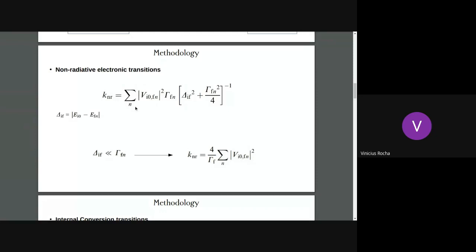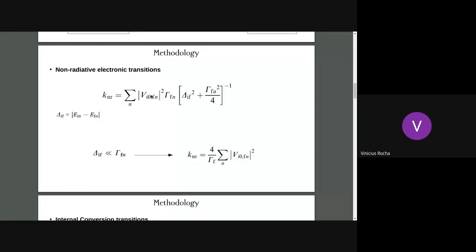So i here is the initial electronic state, f is the final electronic state, n is a vibrational level of the final state, gamma is the relaxation width of the vibronic level f, and delta is the energy difference between the initial and the final vibronic states.